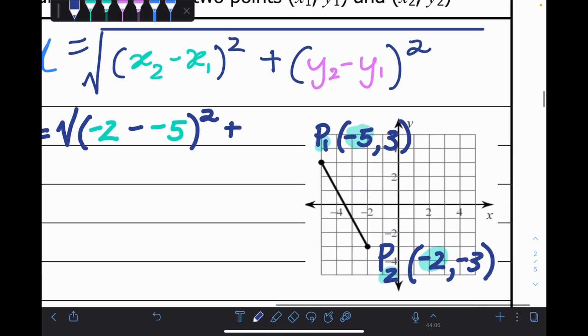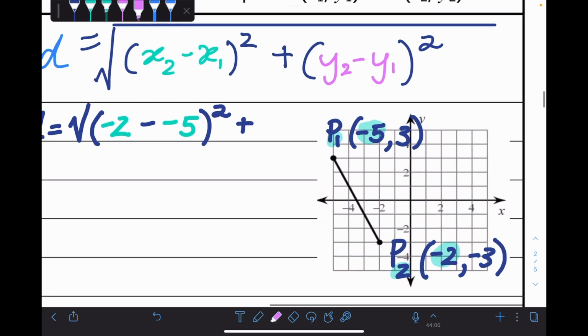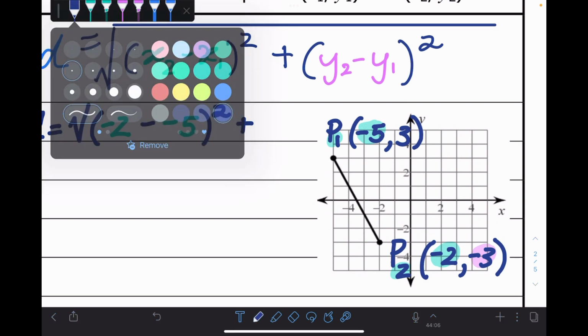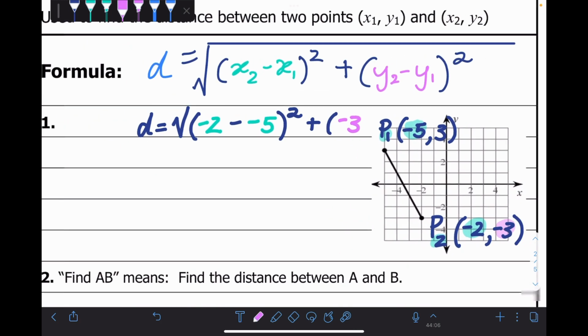Now I need to find my y2, so going to my second point, looking at my y value here, is -3, so open brackets, -3.